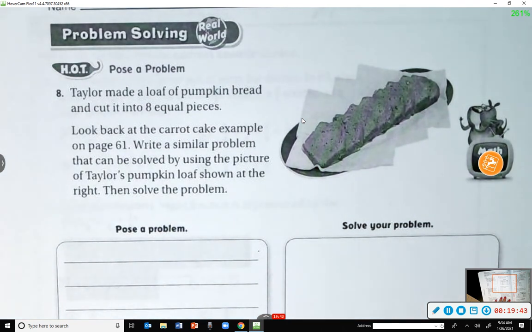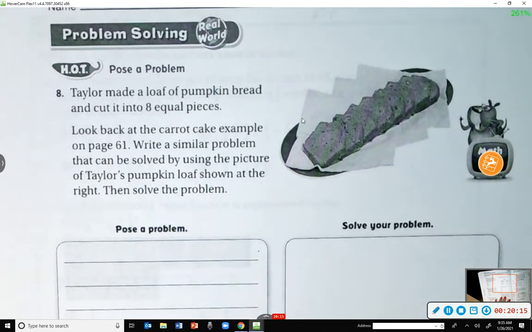Look back at the carrot cake example on page 61. Write a similar problem that can be solved by using the picture of Taylor's pumpkin loaf shown at the right. Then solve the problem.